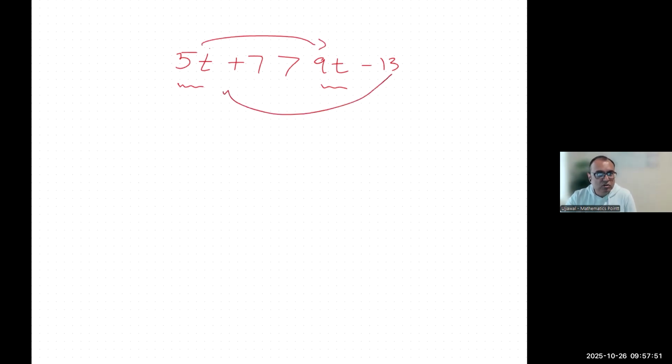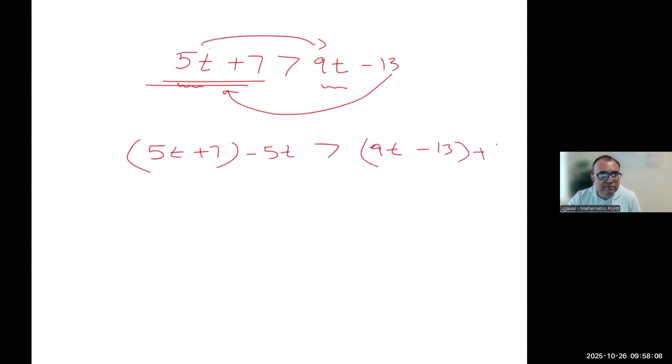What I'm trying to say is on the left-hand side, you can say 5t plus 7 minus 5t, greater than 9t minus 13 plus 13. So I'm getting rid of this 13 from here and 5t from here.